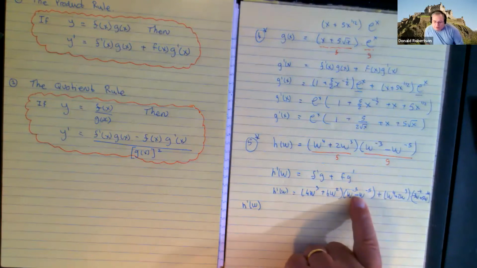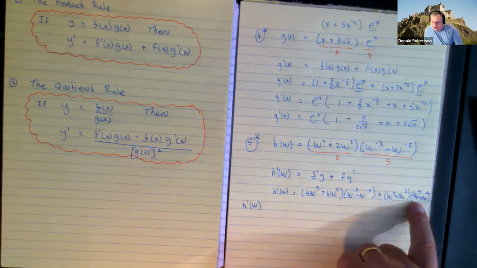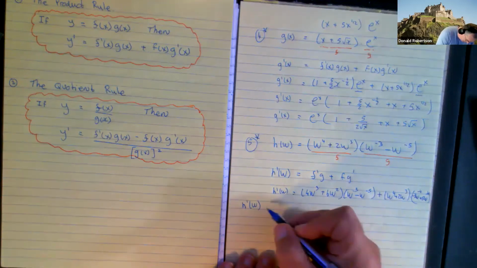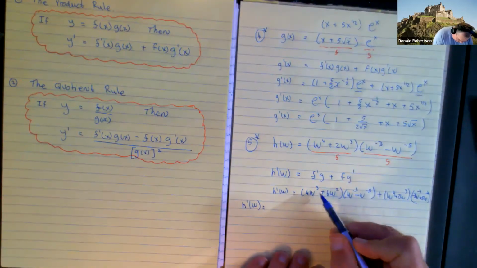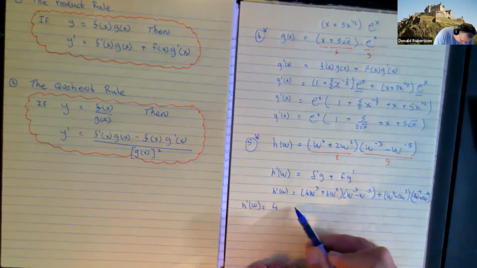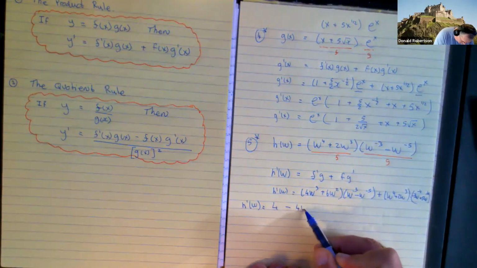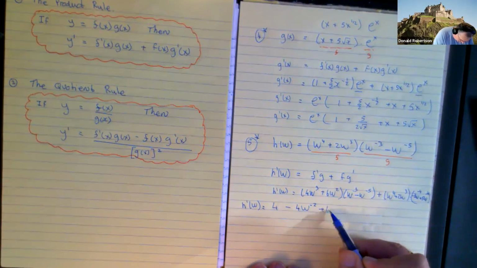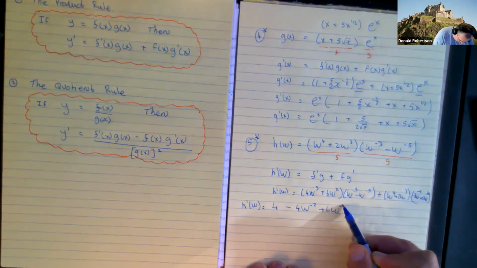So I've got this ugly pair plus this equally ugly pair. And what I need to do is foil it. This is going to be really ugly and really long, but I'm doing it anyway. That guy times that guy gets you 4. That guy times that guy gets you -4w to the power of -2. That guy times that guy gets you 6w to the -1.